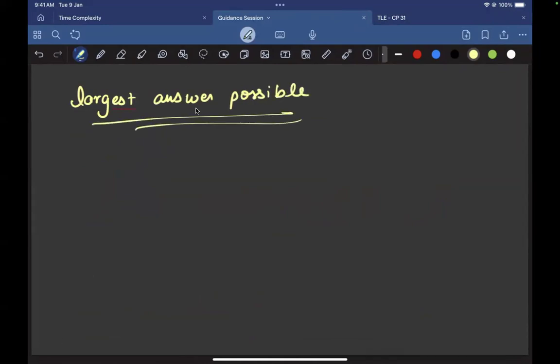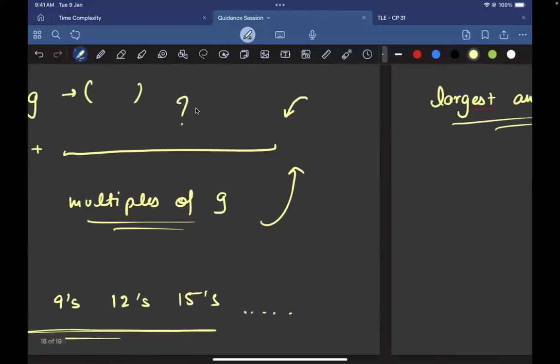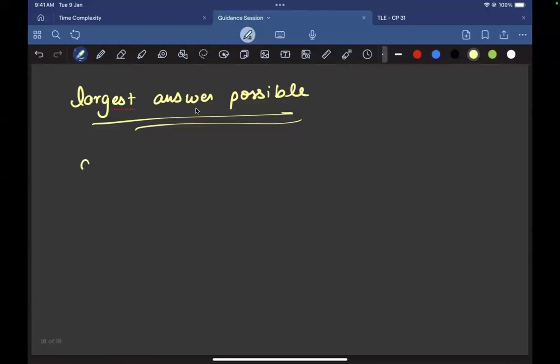What is the largest answer possible to this question? Because you want the largest, can you be very greedy and select all max elements in the array?